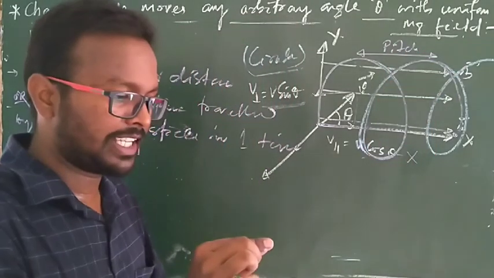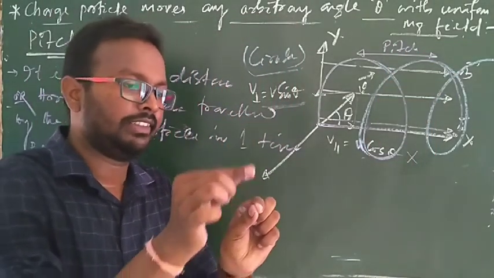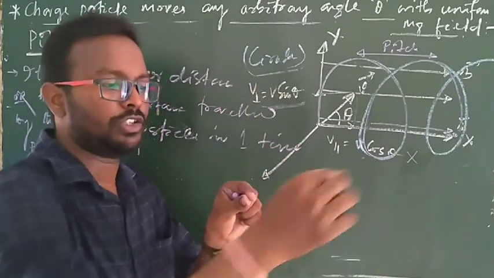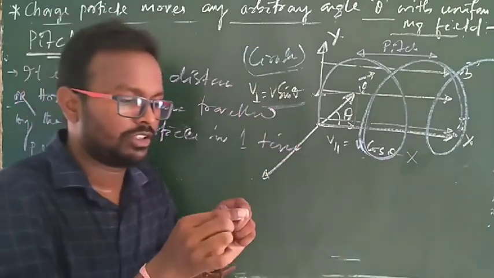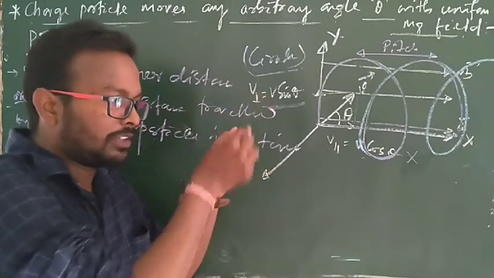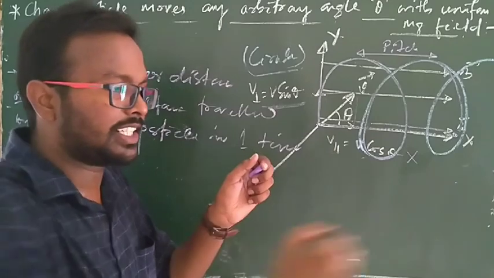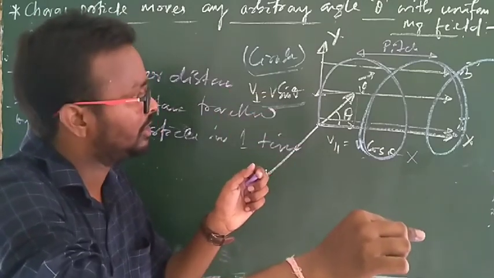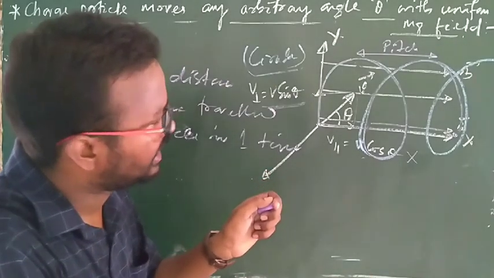That means if the charged particle starts at this point, then this is the point in this way. Imagine this is the initial point and the charged particle makes a circular path, and due to the straight line path we get a helical structure like this. Clear?